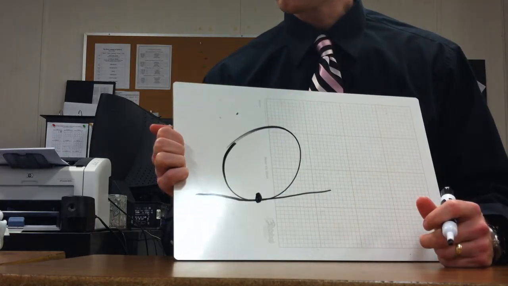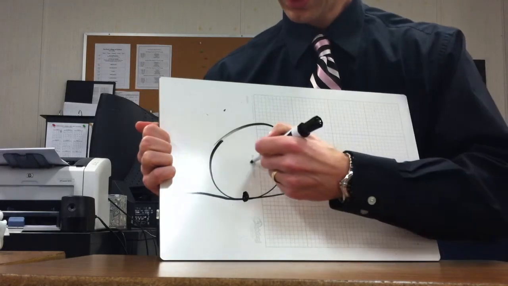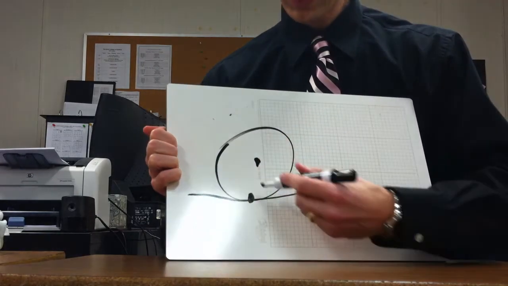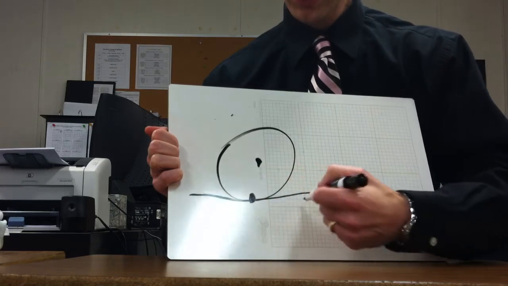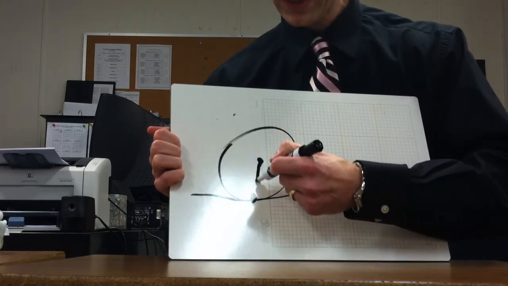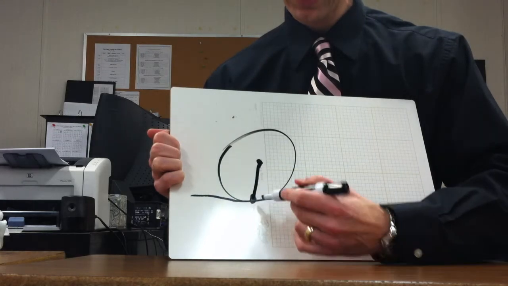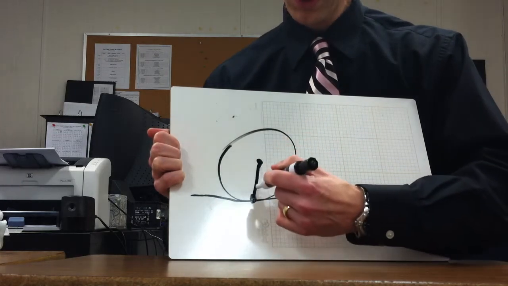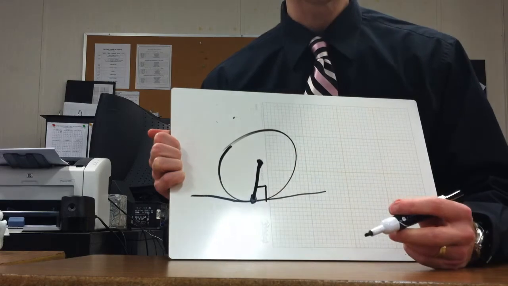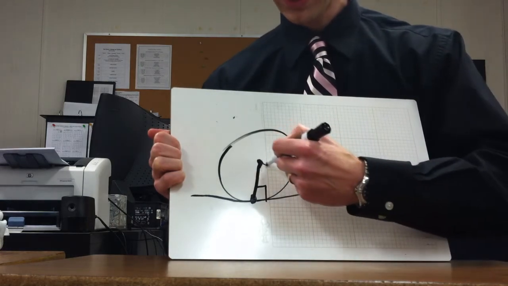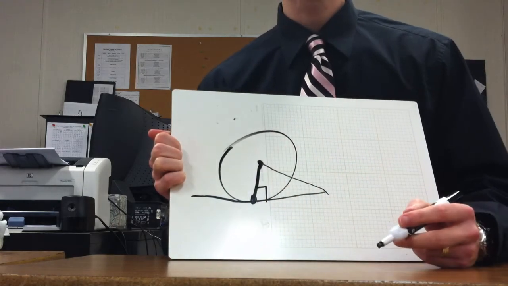And there's a couple of theorems that go along with it. The first theorem says that if you have a line that's tangent to a circle and you have that radius drawn to the point of tangency, so this is the point of tangency, anytime you draw the radius to the point of tangency, it makes a right angle. So like I mentioned to you last week, look, there's a right triangle.